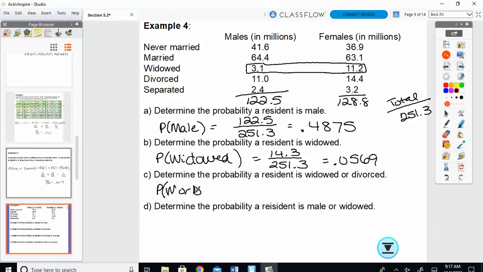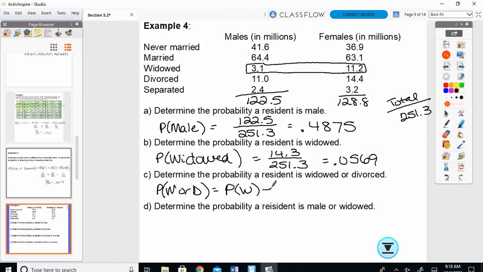Part C. What's the probability of being widowed or divorced? On this table, am I allowing for people to be both? No, it's your current marital status. What are you right now? So you fit in one of these categories.